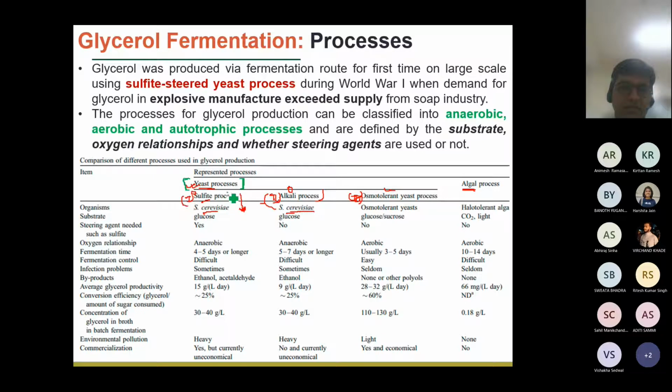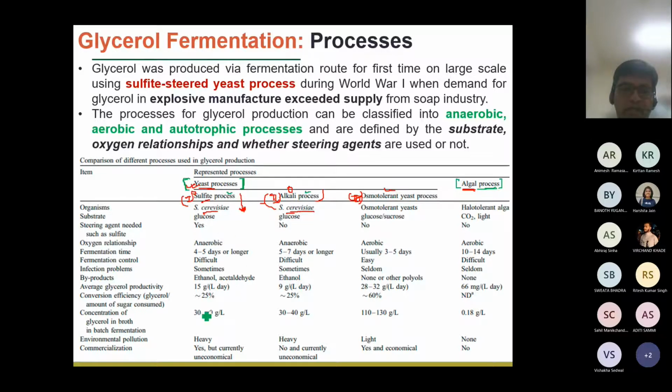First is called the sulfite process, second the alkali process, and third the osmotolerant yeast process. Each of these processes has its characteristics. And by using another microorganism, algae, there is the algal process. We will see the characteristics of each of them, and their advantages and disadvantages.